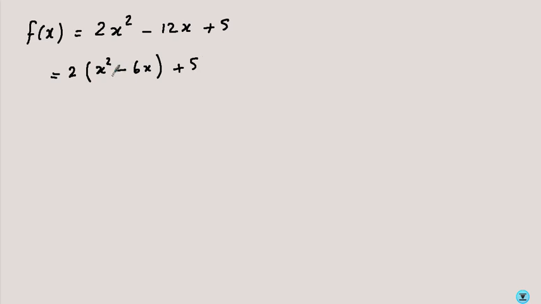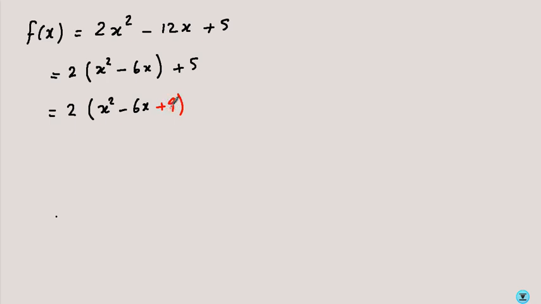Now we can complete the square inside the bracket. 2 times (x squared minus 6x), and what do we need to add to make it a perfect square? Obviously it's a plus 9, because you're squaring half of the coefficient of x. But be very careful, we did not just add a 9, because this 9 is multiplied by 2.